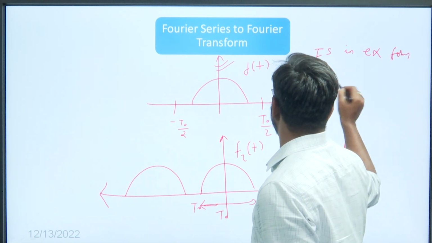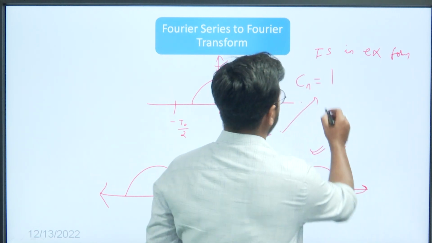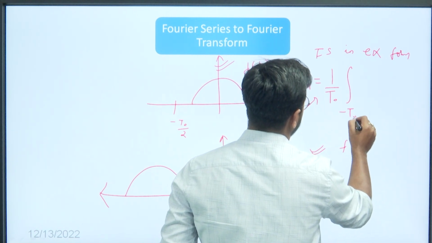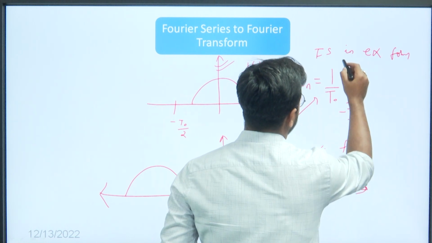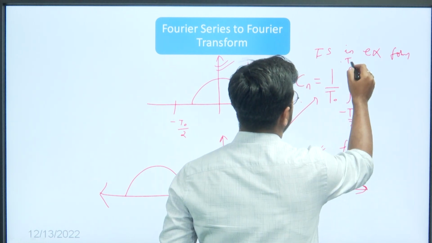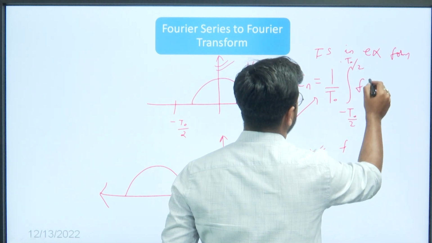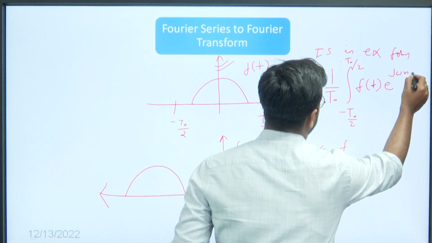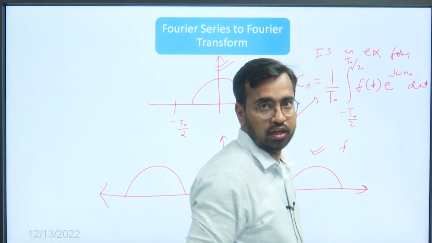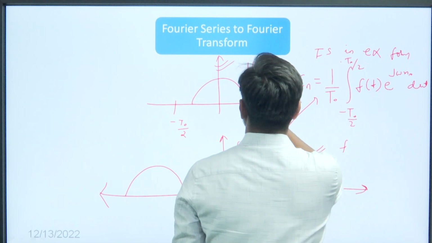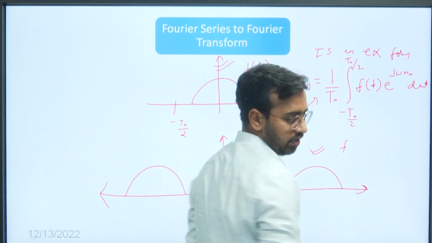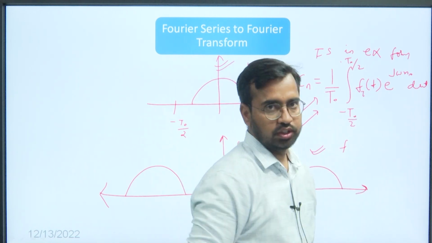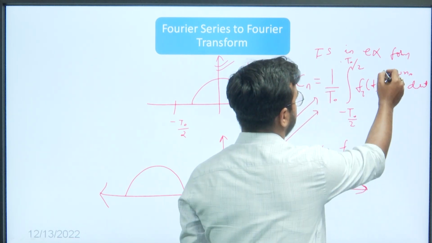Cn is equal to 1 upon T naught times the integral of f tau. This is how we will write Cn.